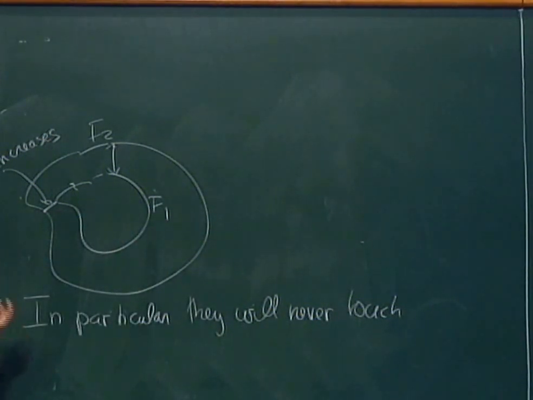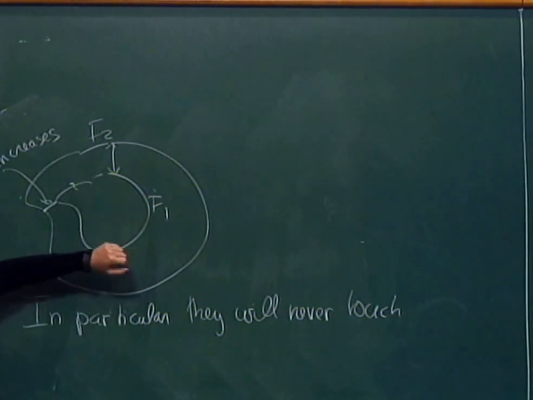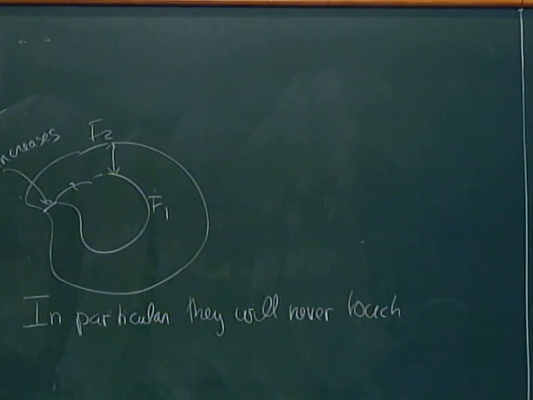So the first corollary is that, in fact, I have uniqueness. I cannot have two different evolutions coming out of the same initial condition. So how can you see this? Take your two evolutions and let one evolve a little bit.